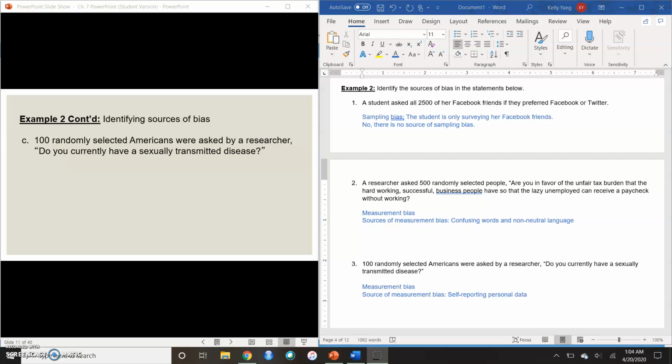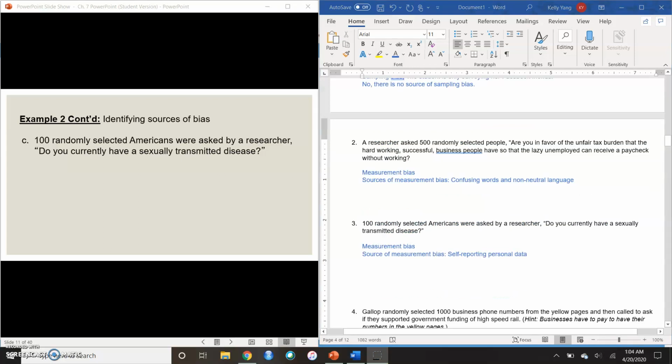Having an STD is such a taboo topic, or carries such a negative connotation, that if people were asked this question, they'll very likely not respond truthfully. This kind of question is sensitive and confidential, and so this is an example of a question that has bias in it and should probably, in my opinion, not be asked.